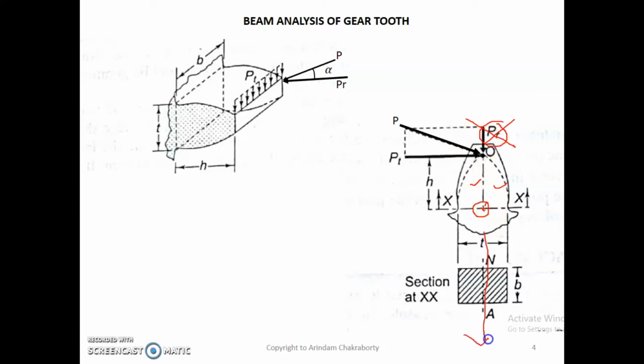But if a force PT, that is over here, works over there, that means this portion will bend, just like this one.